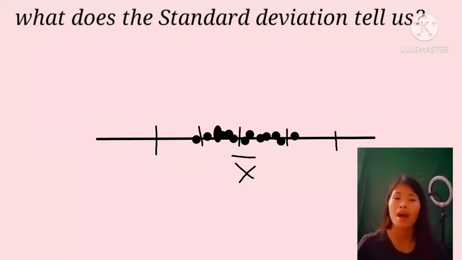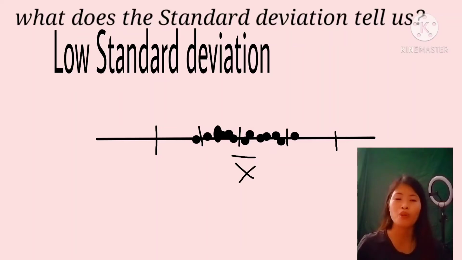In other words, there will be a lot of values closer to the mean, which makes the distribution less spread out. In the illustration, this is how a low standard deviation looks: the values are tightly clustered around the mean.